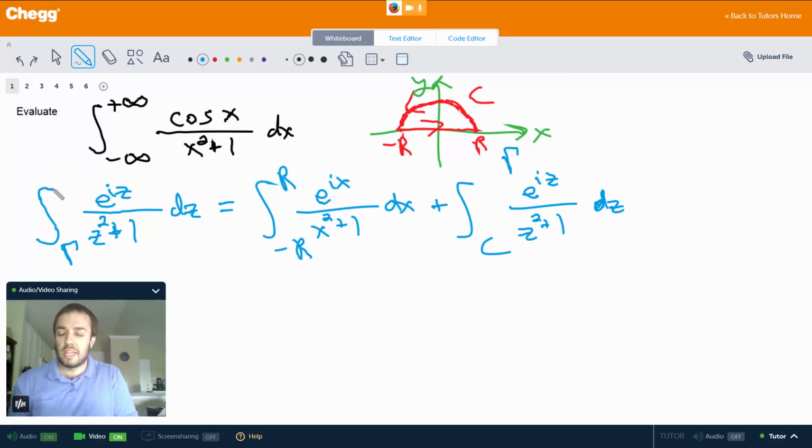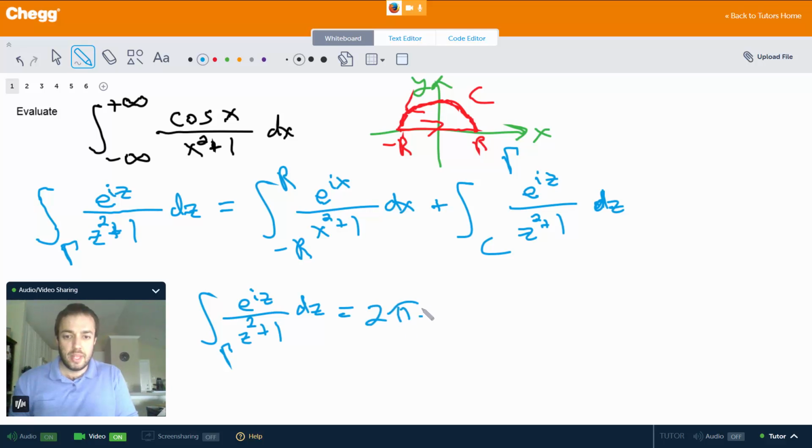First, let's evaluate the left side. For the integral over gamma of e to the iz over z squared plus 1, we want to use residue theory. We can't spend too much time on the details, but basically this is 2 pi i times the residue of e to the iz over z squared plus 1 at z equals i.